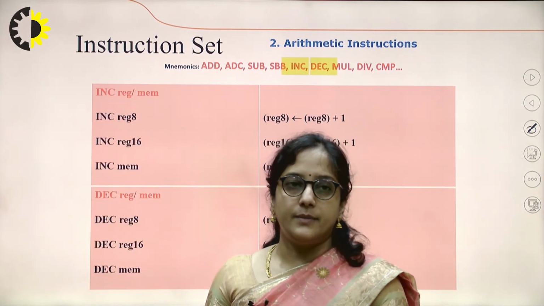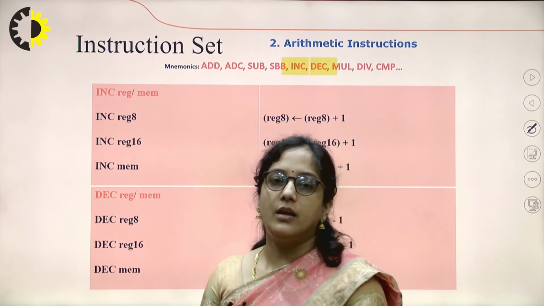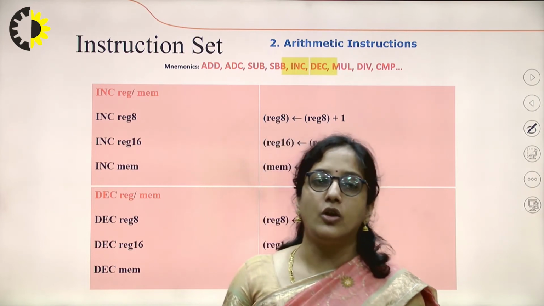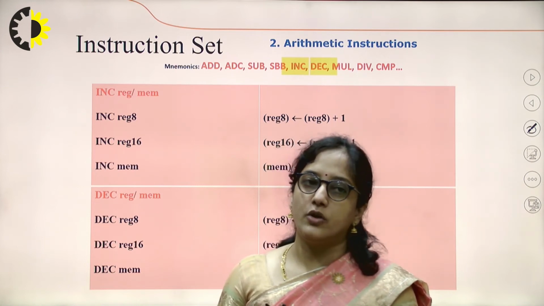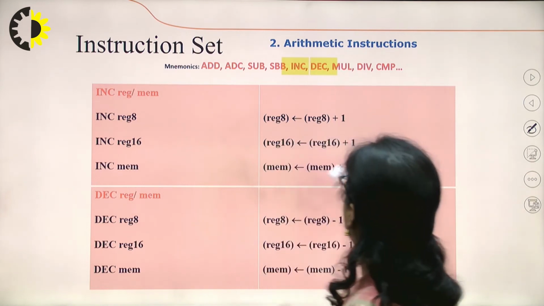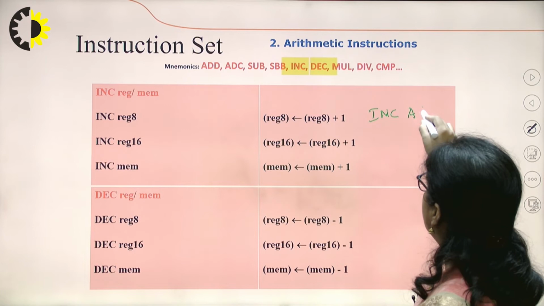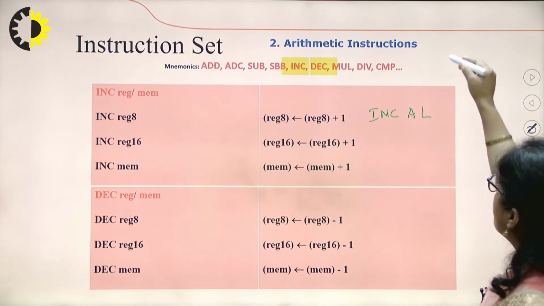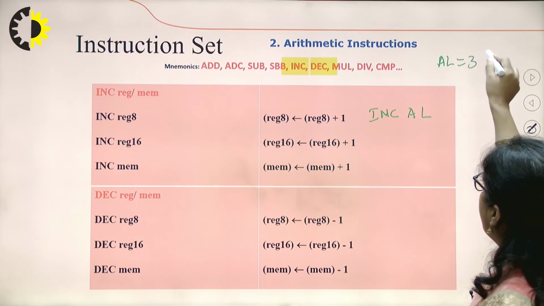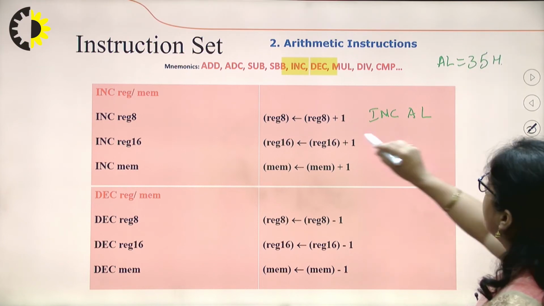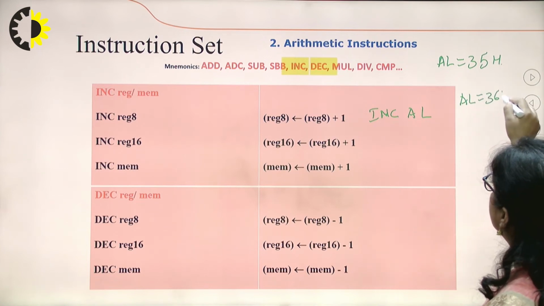Now the next arithmetic operation is increment. In case of increment, we can increment an 8-bit register, and we can also increment 16-bit data. For example, I can write INC AL. Suppose before execution the content of AL is 35, then after execution of this instruction AL will become 36H.